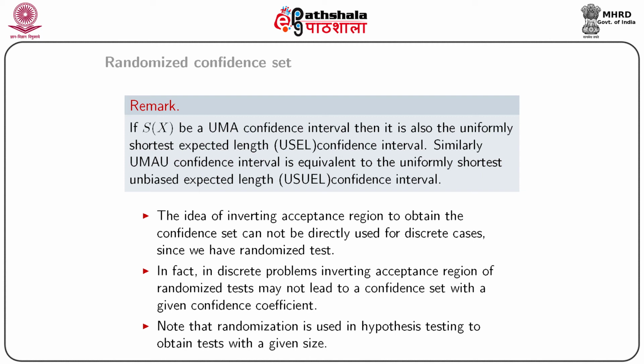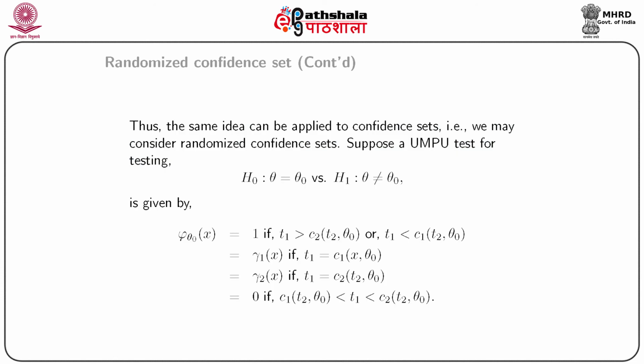In fact, in discrete problems, inverting the acceptance region of randomized tests may not lead to a confidence set with a given confidence coefficient. Note that randomization is used in hypothesis testing to obtain tests with a given size.